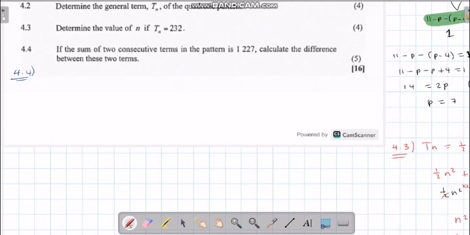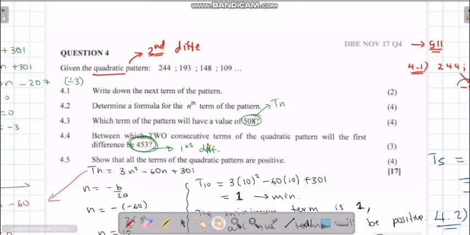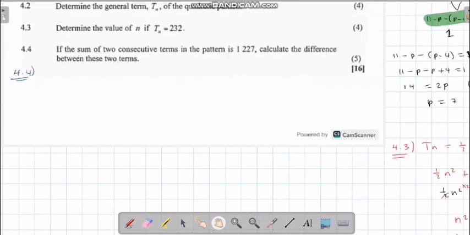Okay, so now let's go back to this question. We once did a certain question there, 4.4, which said between which two consecutive terms will the first difference be. Can you see in that case it was a difference, we were subtracting, but now they're saying the sum, for 5 marks. So in this case we can't use arithmetic because it's the sum, not the difference.